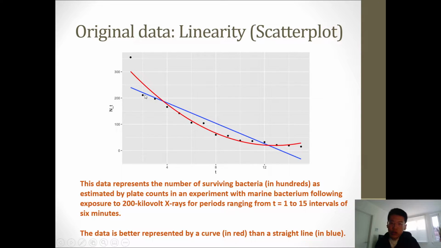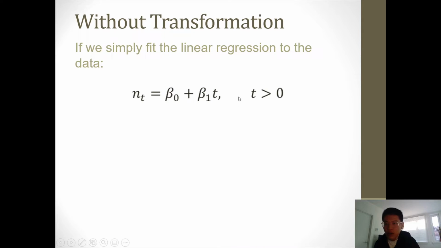For sure you can just use the blue line, but as you can see, it's clearly a curvilinear relationship between T and NT. This is the relationship in the original data.